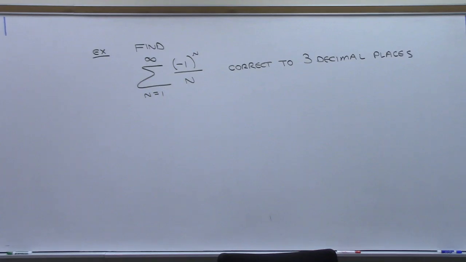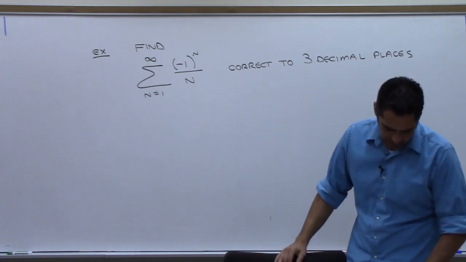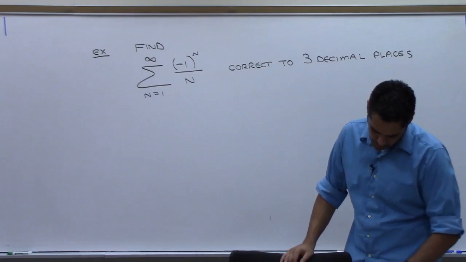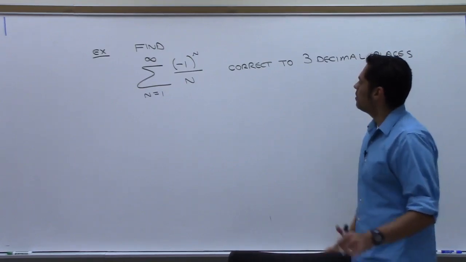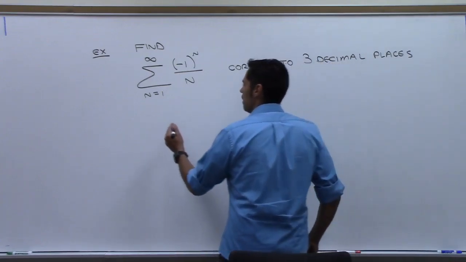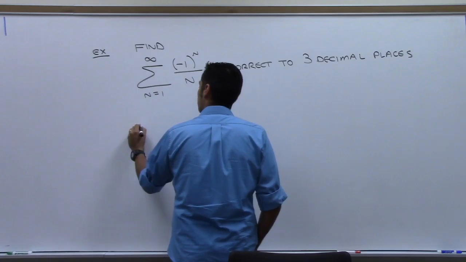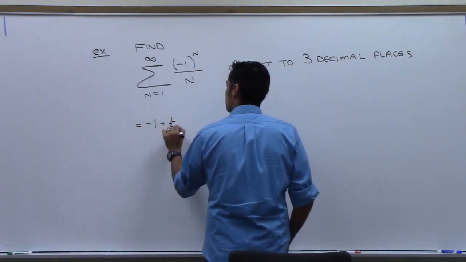All right. Now, trying to think of which way I want to approach this. Let's write out the first few of these. We said that this was what? Equal to negative 1 plus a half.